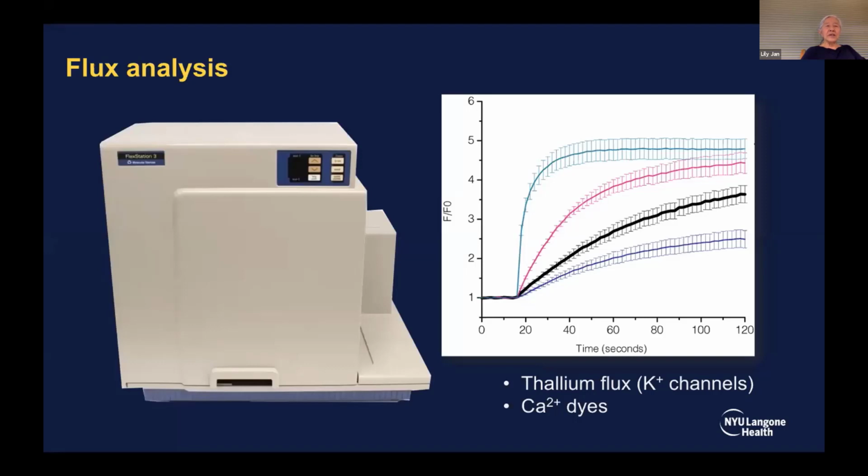Another automated system will measure the ion flux for potassium. That could be thallium. And if you are doing this automated system for hundreds of wells, you can screen small molecules and look for modulators that increase or decrease the channel activity.